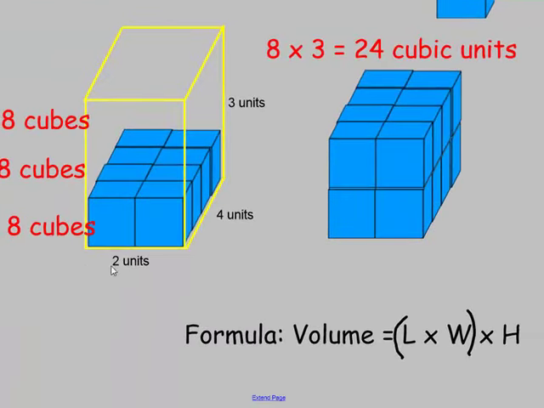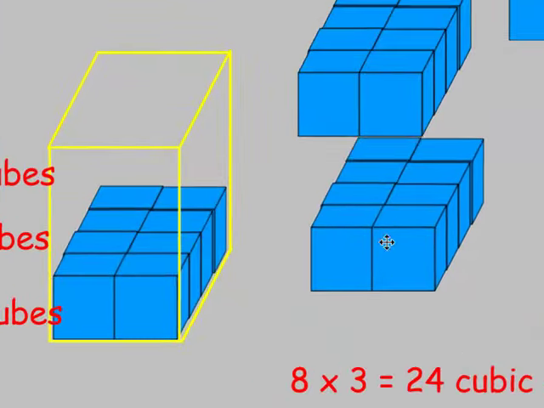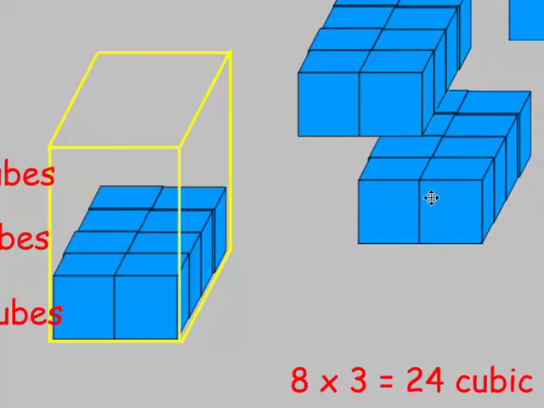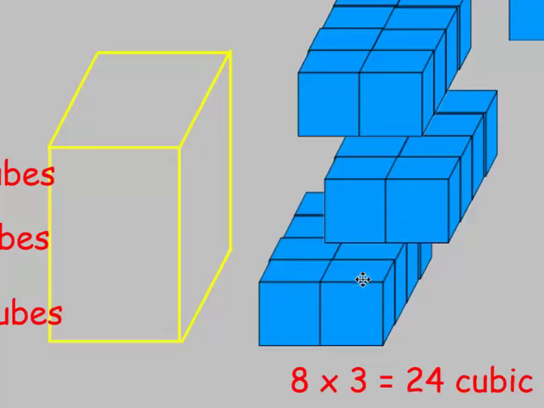So the formula becomes length times width, which in this case is 2 units times 4 units. That gives me my 8 units here. And then times the height, it's 3 units high. So when I really think of this formula, I think of it as envisioning my volume as, in this case, 3 separate layers.